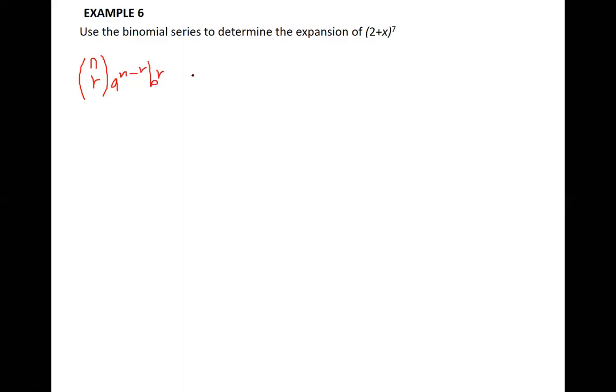Then you begin to identify which one is your n, which one is your r, which one is your a, and which one is your b. But of course, this one is asking us to expand it, meaning we're going to have this repeating itself a number of times.